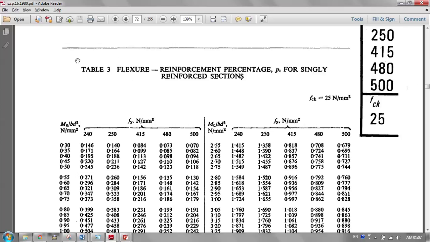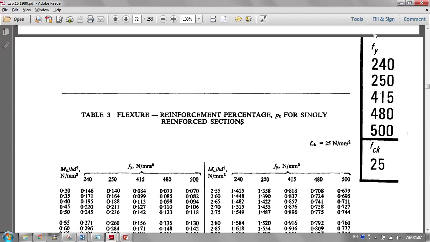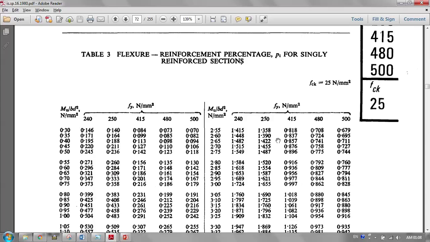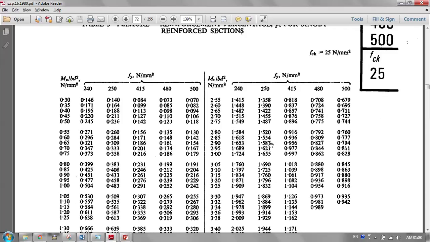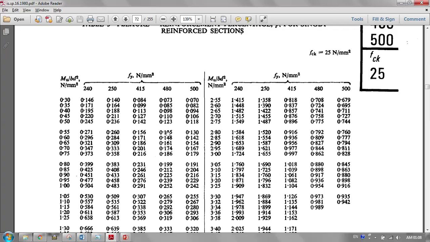In Table 3 we can see that it is for fy equal to 415 and fck equal to 25. We will be going to this page. It is in Table 3, flexure reinforcement percentage pt for singly reinforced sections. From this we need to calculate pt.